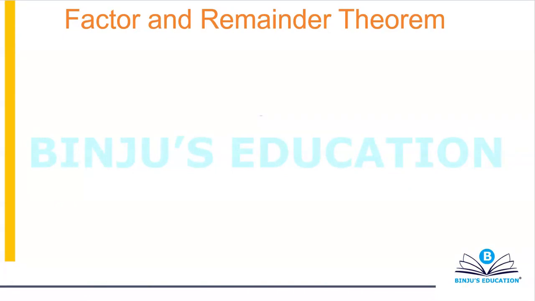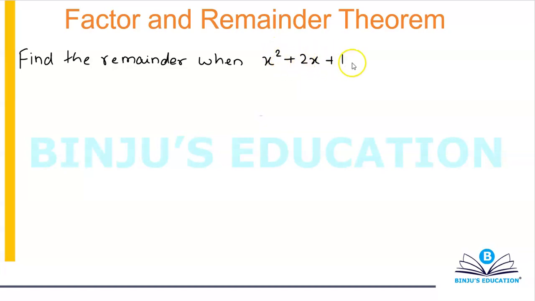The question goes something like this: find the remainder when x square plus 2x plus 1 is divided by x plus 1.